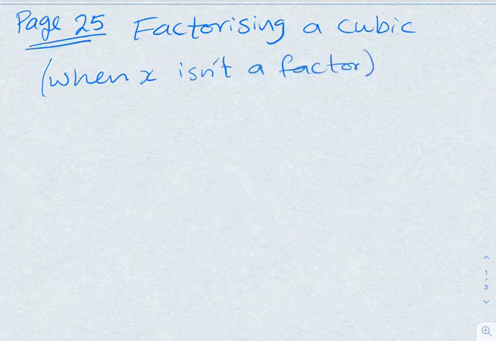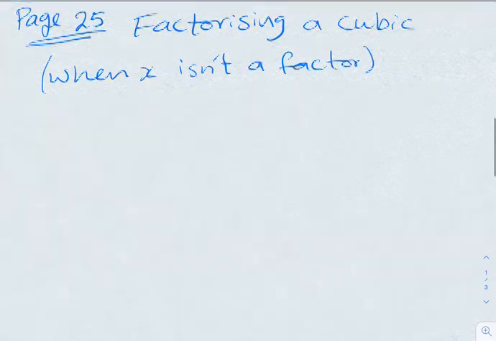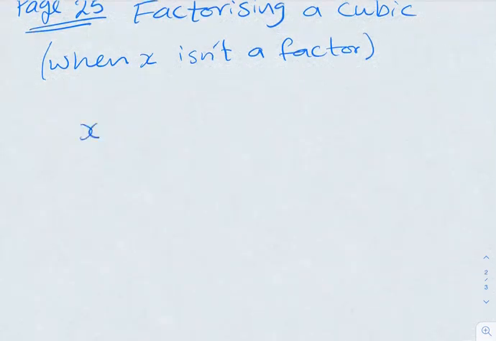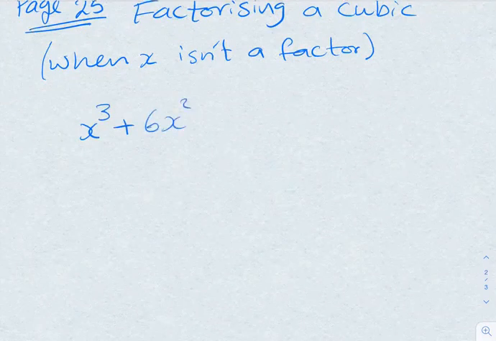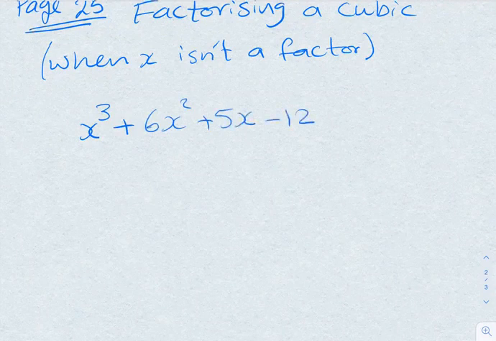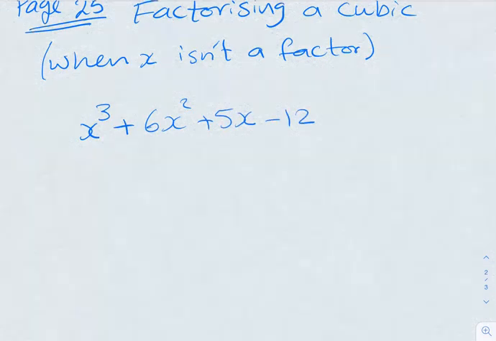What they mean by this, if we look at the terms, let's say x cubed plus 6x squared plus 5x minus 12. Is x a common factor for all of them? Someone answer me, please.